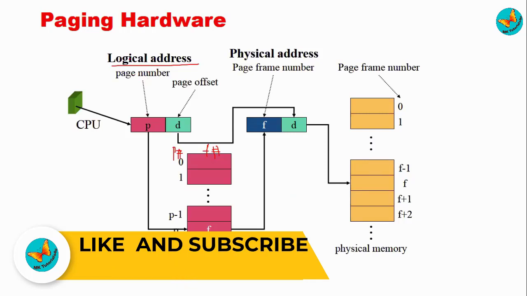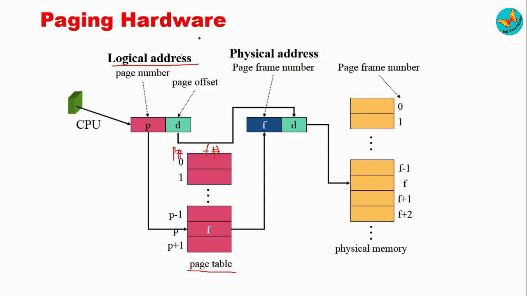Now what does this physical address consist of? The frame number, because the physical memory is divided into frames, and the offset. So we will take the offset from the virtual address and from the page table we will take the frame number.